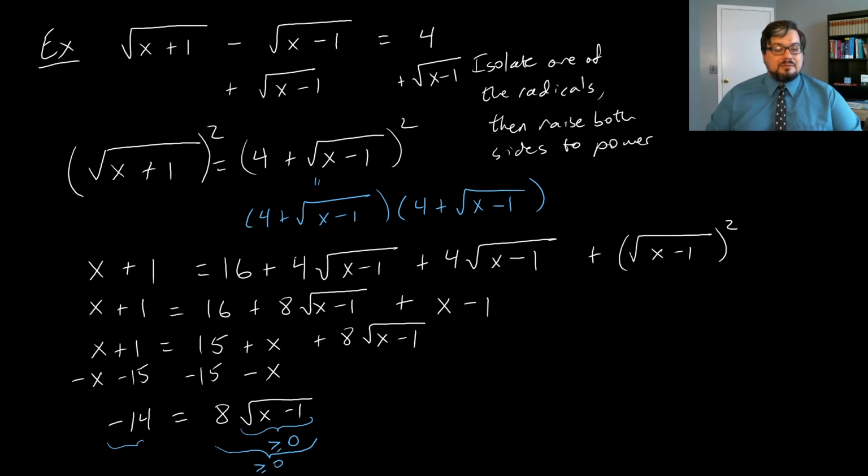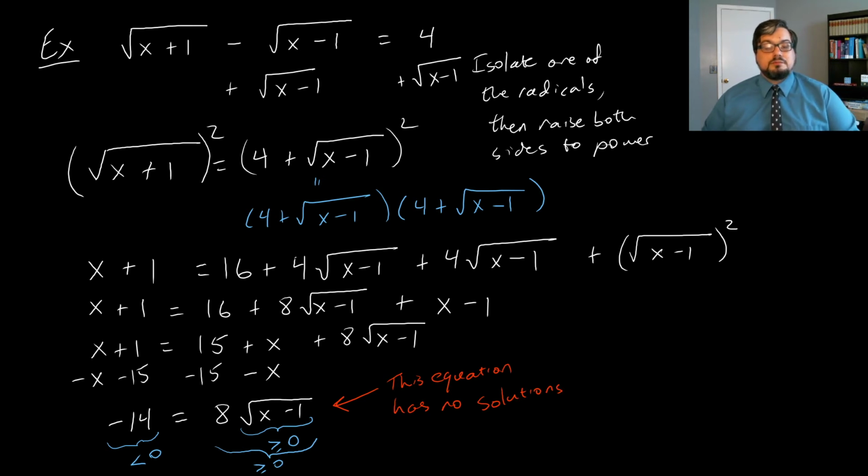But negative 14 is less than 0. So that tells us that this equation has no solutions. And therefore, the original equation has no solutions. So our answer to the original problem is no solutions.